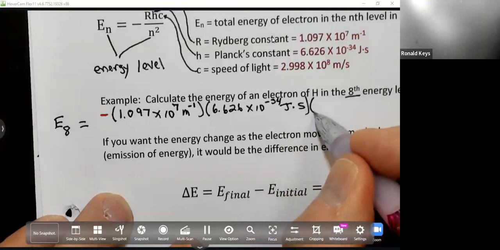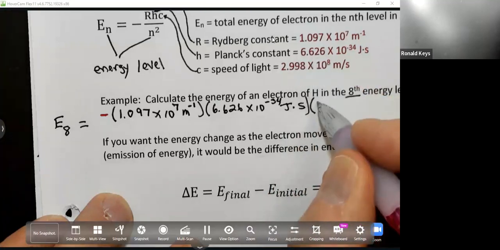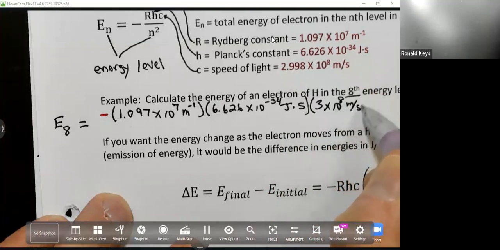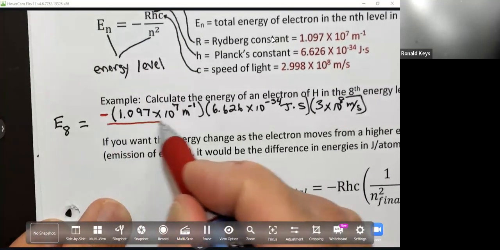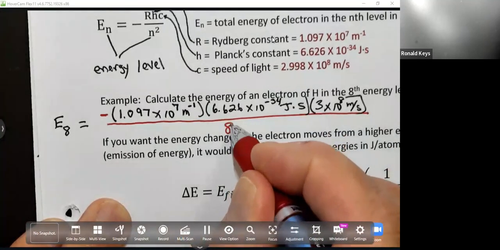We've got the speed of light. It's 3 times 10 to the 8th for the speed of light. And we're going to draw our line. That's all over 8 squared, right?